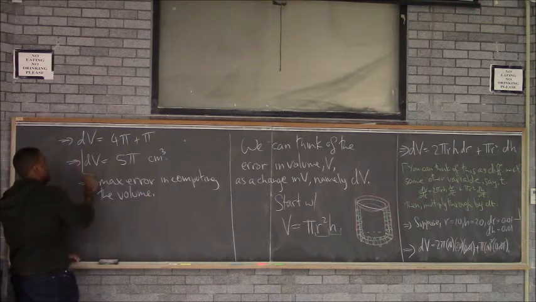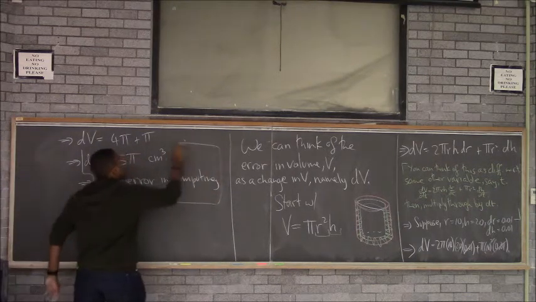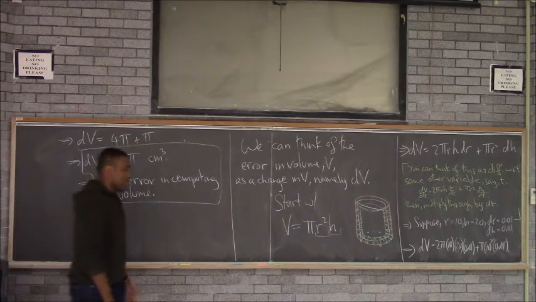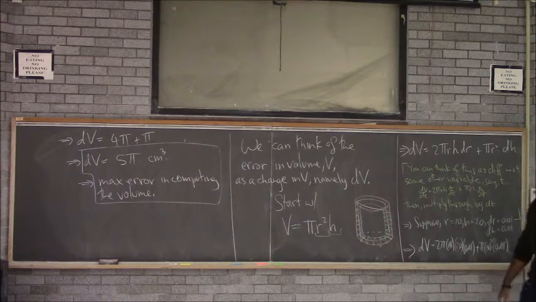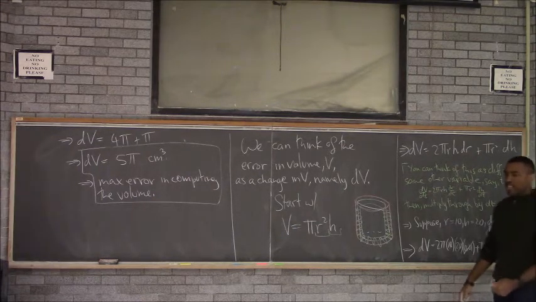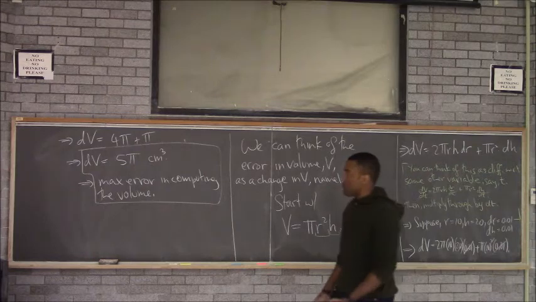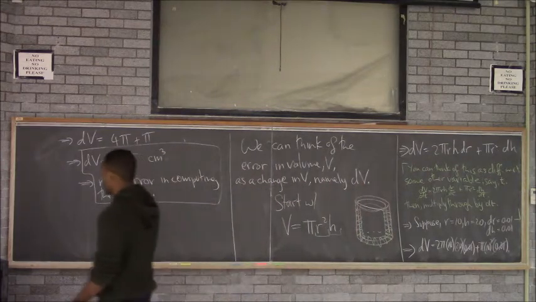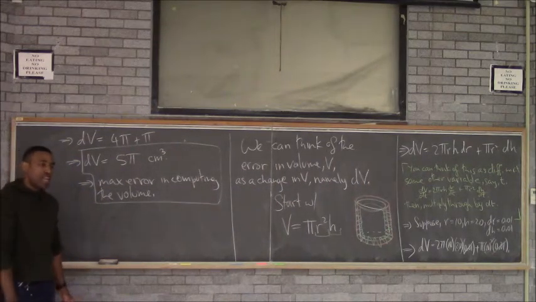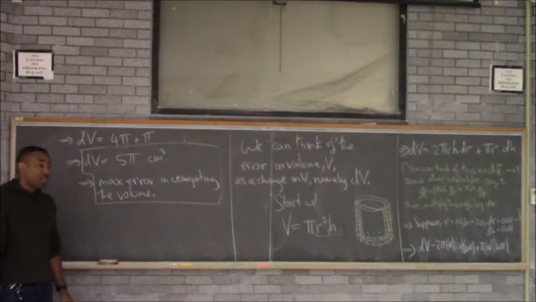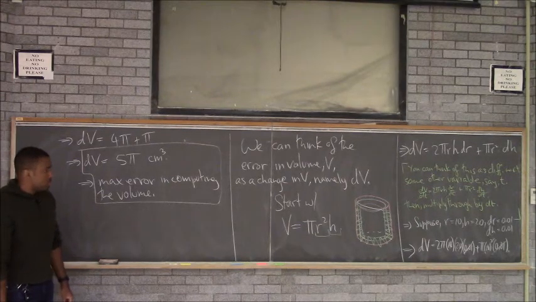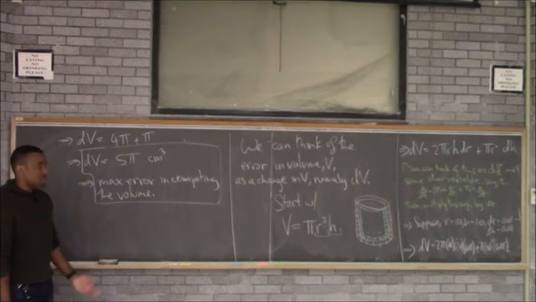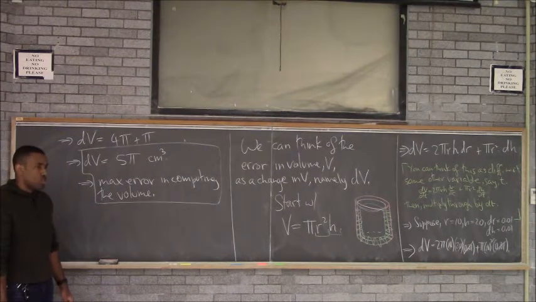So in this hypothetical situation, if we had a cylinder whose height was 20 and the radius was 10, and I know I'm measuring these things with an instrument that could be wrong by as much as 0.01 centimeters, then it means that the volume that I calculate could be off by as much as 5 pi cubic centimeters. So that'll be 7 centimeters cubed, roughly.